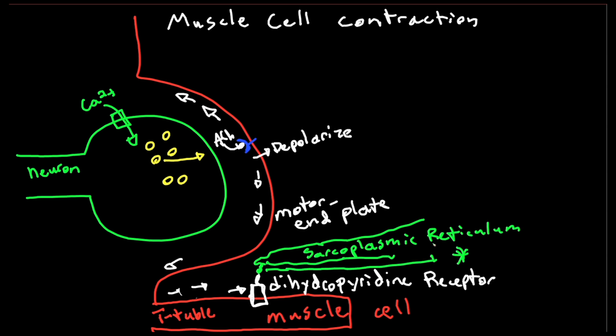And it's called a ryanodine receptor. And then, so this is all triggered by the depolarization, comes down, hits this dihydropyridine receptor, which is mechanically coupled. So that's important. So it's mechanically coupled.